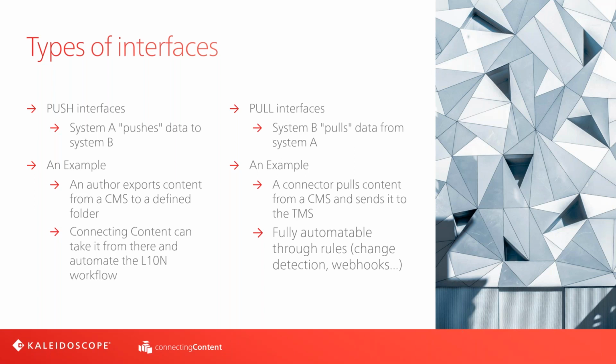There's also pull systems. So basically that means that system B monitors system A, and when something happens there and it gets triggered by something, it pulls the data. So for example, you could have a connector that pulls data from a content management system.